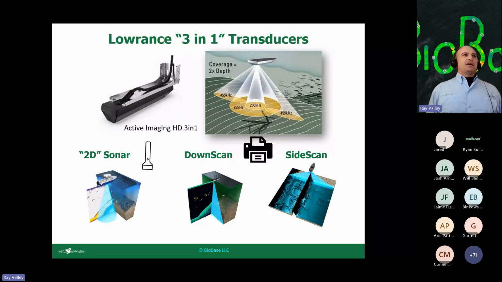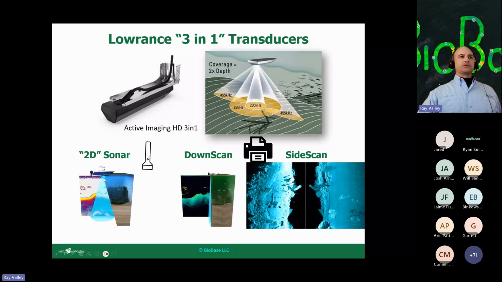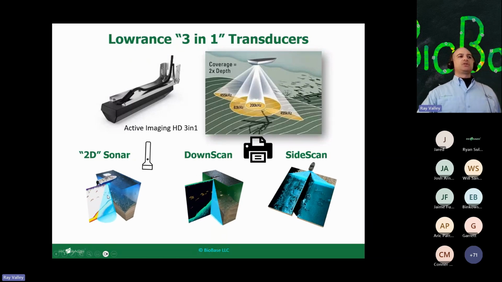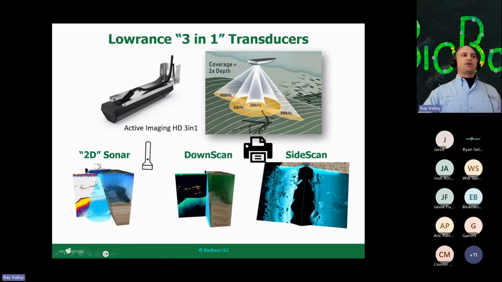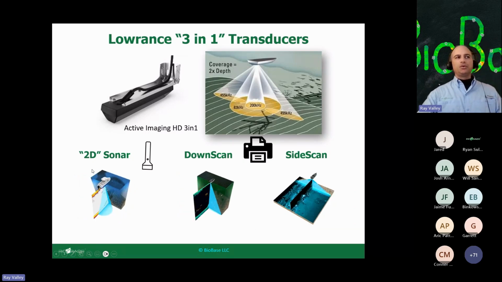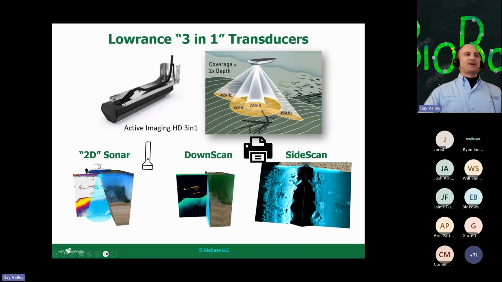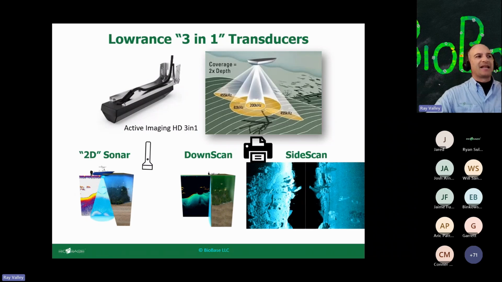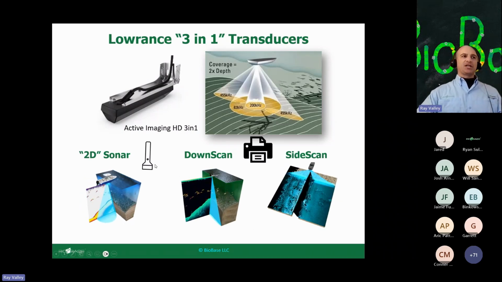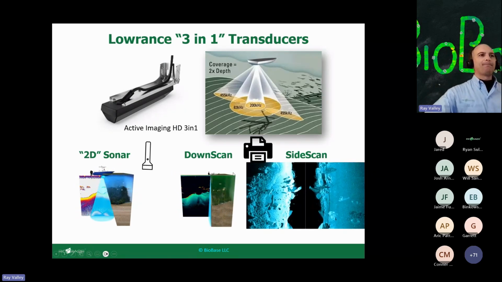So you'll hear the term 3-in-1 transducers, and what the three transducers are is broadband, traditional 2D sonar. These are all terms that you hear in the consumer space. And when I say broadband, it's more like a flashlight beam. It's a circular beam, and that's the 2D sonar.